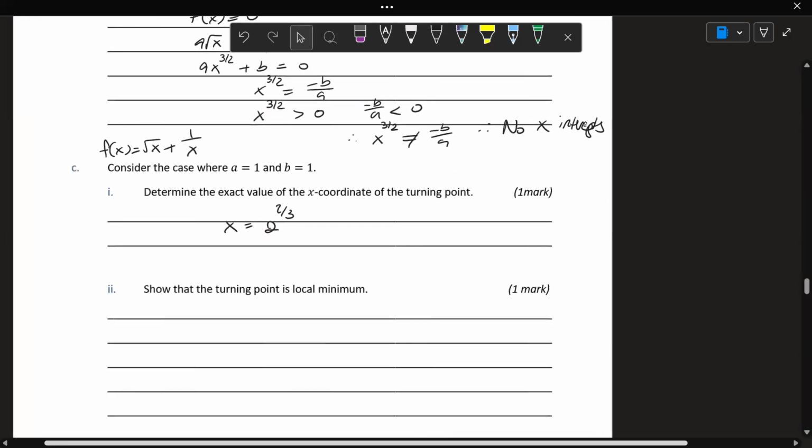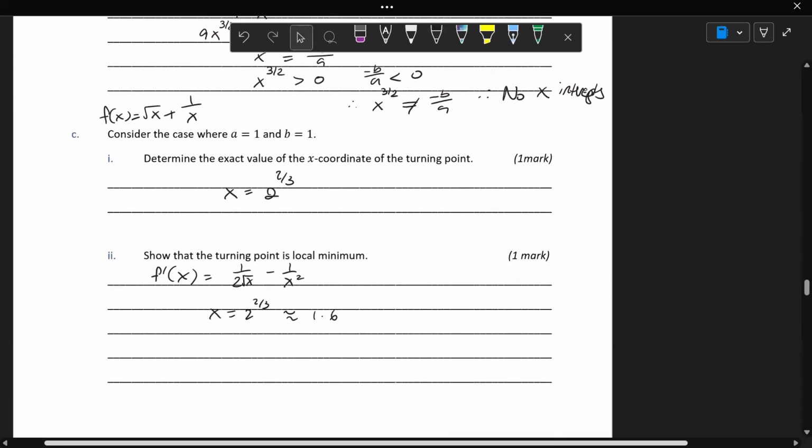Show that the turning point is a local minimum. So just differentiate, f dash x. You don't need to write this down, but x equals 2 to the power of 2 over 3 approximates to about 1.6.